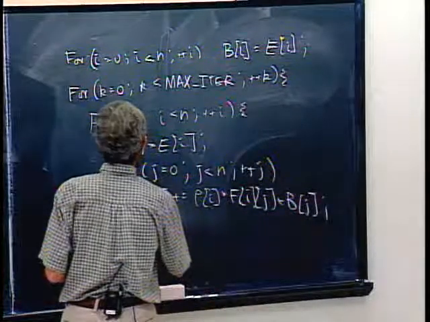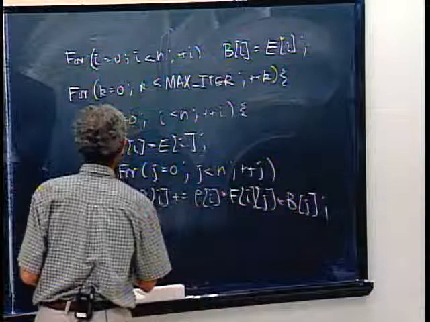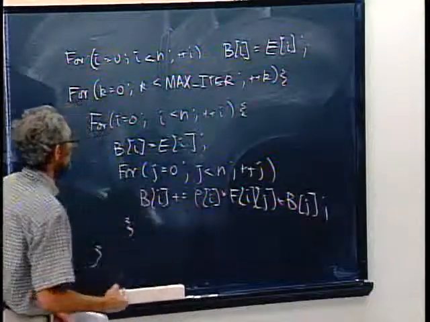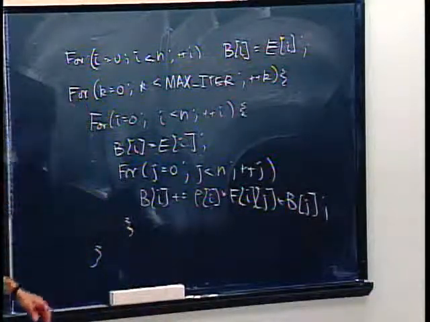So here is this loop, and here is this loop. I guess I didn't need these brackets because it's only a single statement inside my for.